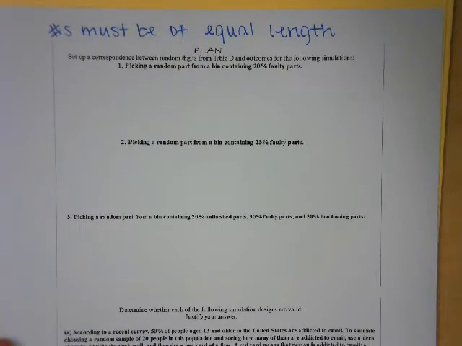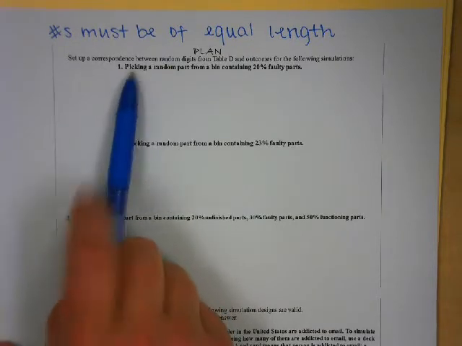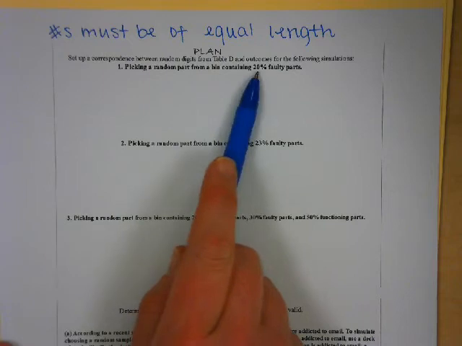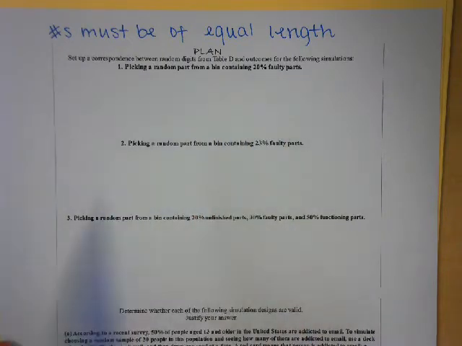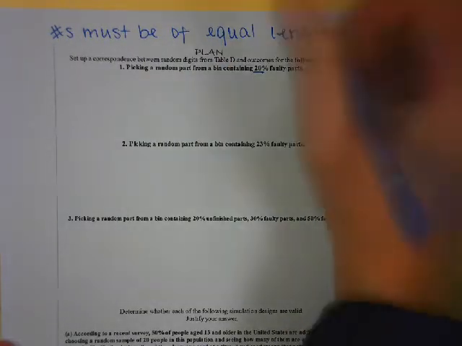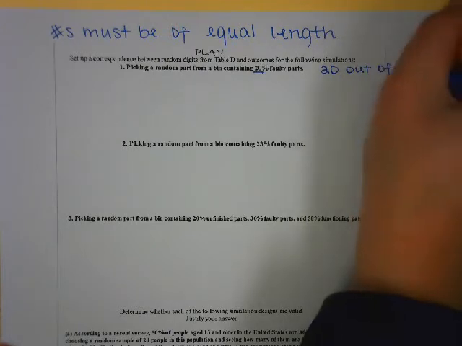So if we were using our table of random digits to pick random parts from a bin that contained 20% faulty parts, when I read 20%, percent means out of 100. So I automatically go to, okay, I need 20 out of 100 to be faulty.